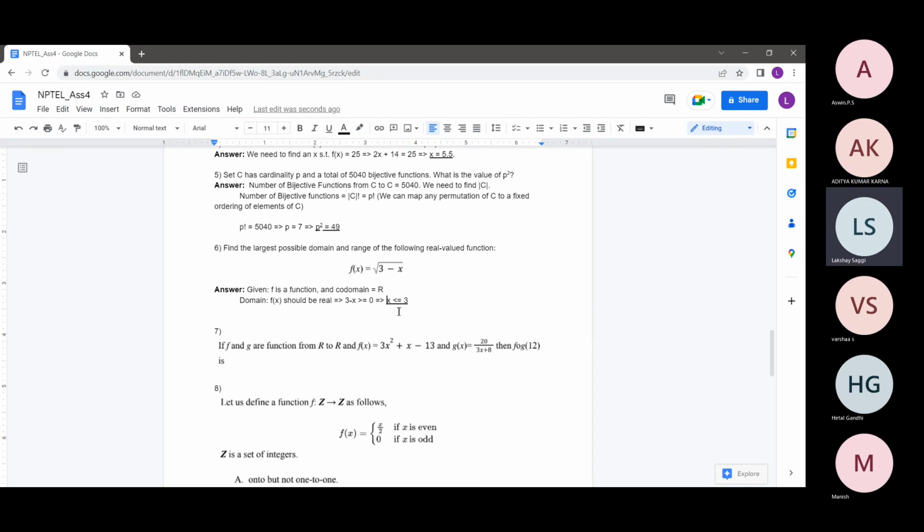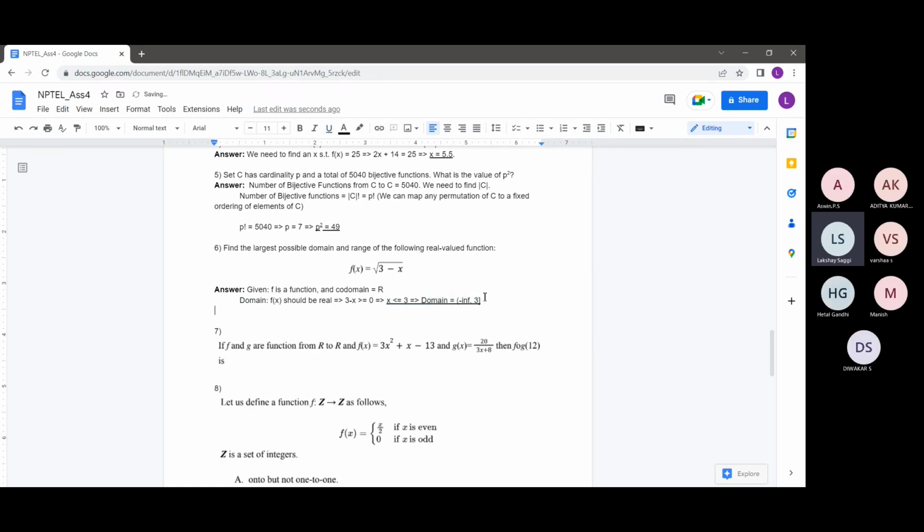So the domain, we can write it as minus infinity to 3, with 3 as a closed bracket because the value 3 is also included, and this symbol represents infinity. You can write it as x less than or equal to 3 or minus infinity to 3, it doesn't matter. It conveys the same thing.